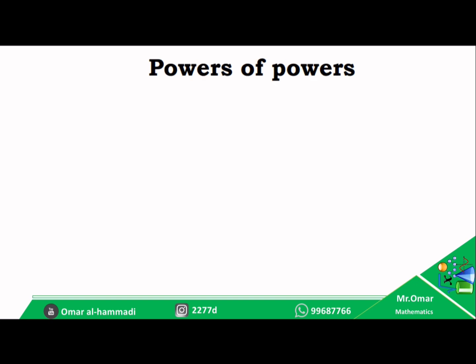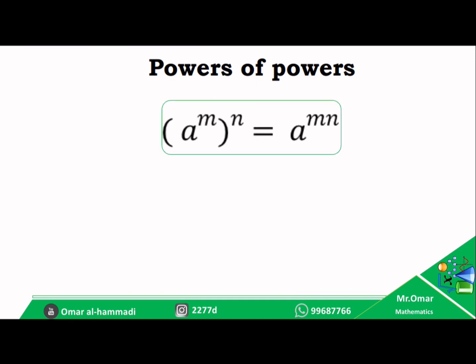Powers of powers. This is the meaning of this one. This is the law. When we have a to the power m and all of this to the power n, this is equal to what? a to the power m multiplied by n. We only have to multiply these two powers. For example, 3 to the power 2, all to the power 2 again.